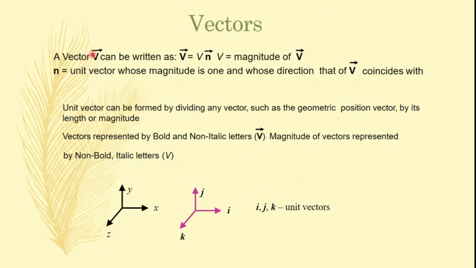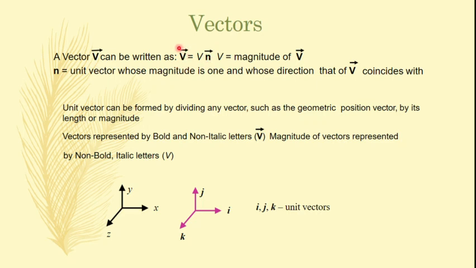Here, vector v can be written as this v. Here this v is the magnitude, it is not the vector, it is the scalar quantity, only magnitude. And this is the unit vector which defines the direction.